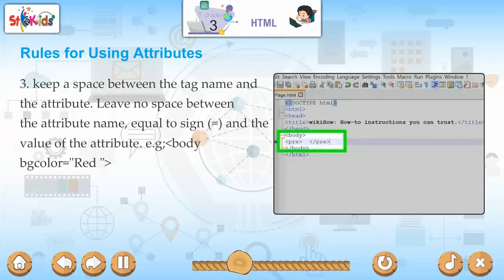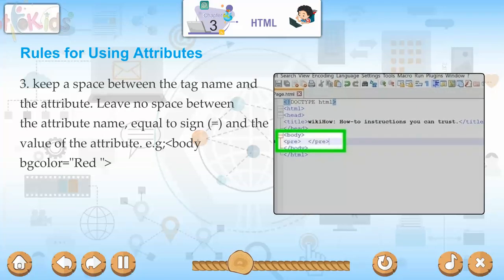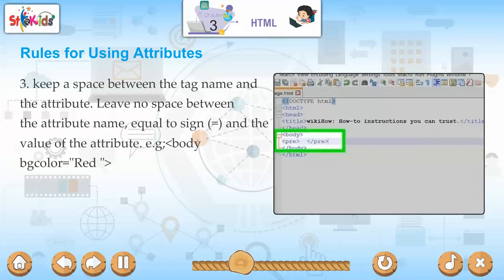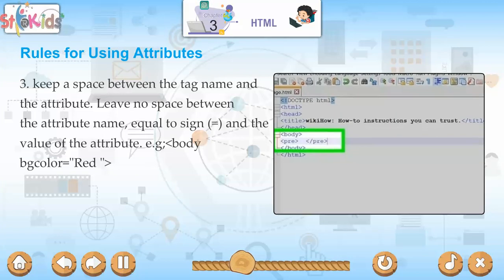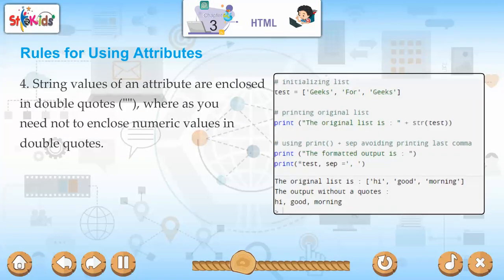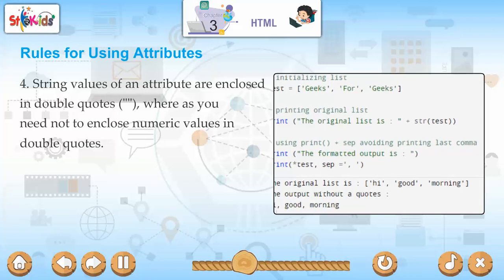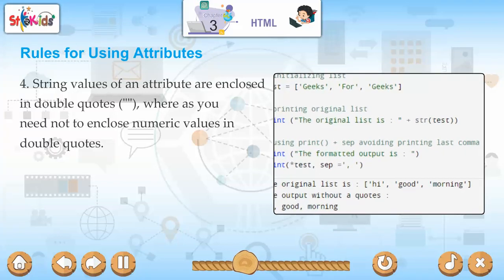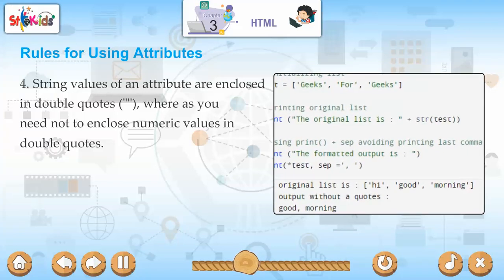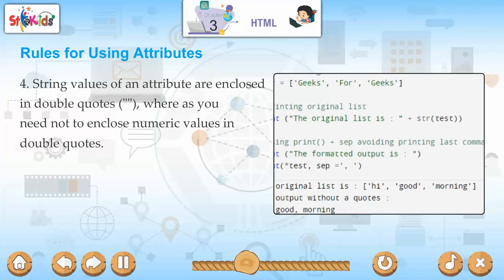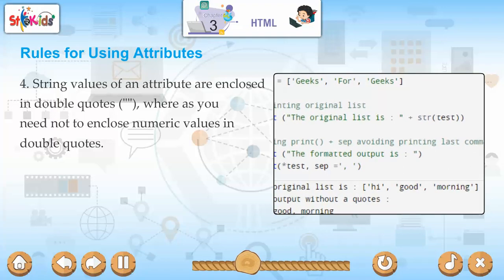Example, <body bgcolor="red">. Fourth, string values of an attribute are enclosed in double quotes, whereas you need not enclose numeric values in double quotes.